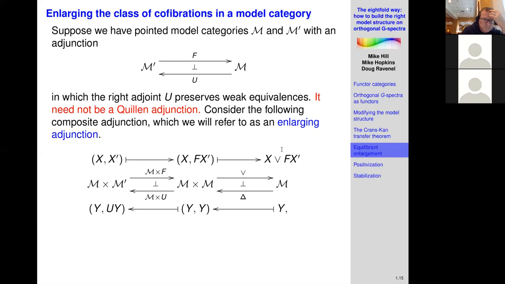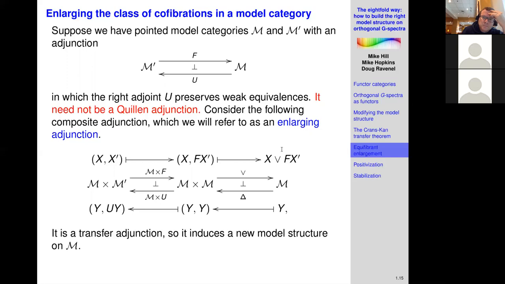And these two composites are adjoint functors, and I'm going to refer to this as the enlarging adjunction. And it's a transfer adjunction, so it gives me a new model structure on M. It gives me a different model structure on M from the one I started with.